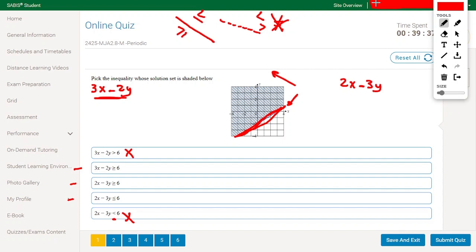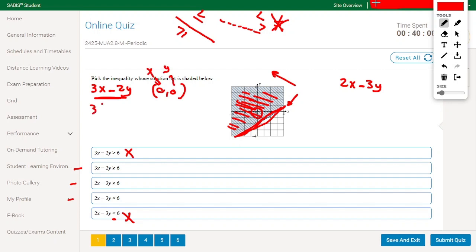Now, here the solution is above that line. So let's take any point and substitute in both inequalities, and let's see which one will be a solution for this inequality. So let's take, for example, the point 0 and 0. Simple thing. x is 0, y is 0.